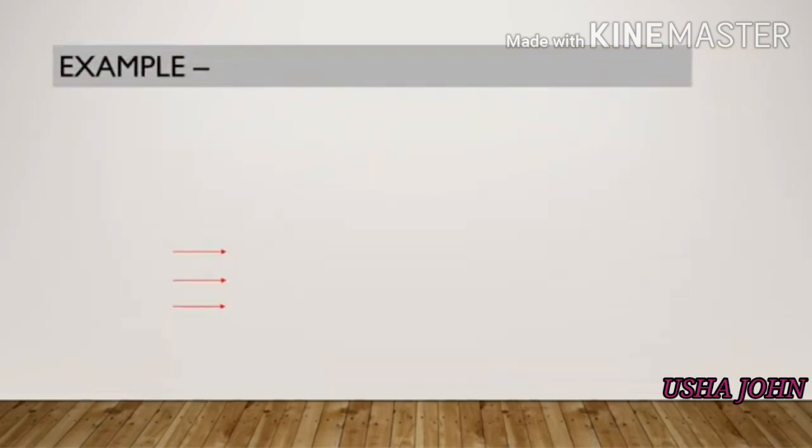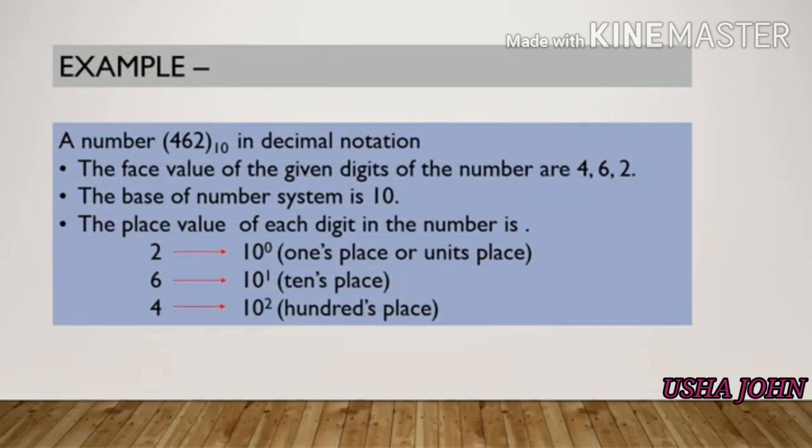Let's see one example. The number 462 base 10 in decimal notation. The face values of the digits of the number are 4, 6, 2. The base of the number system is 10.